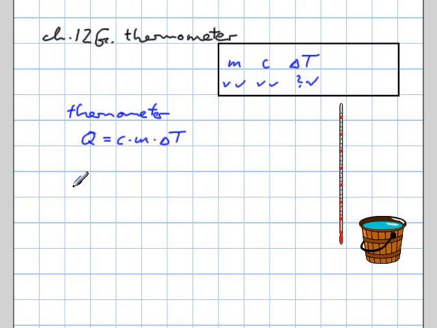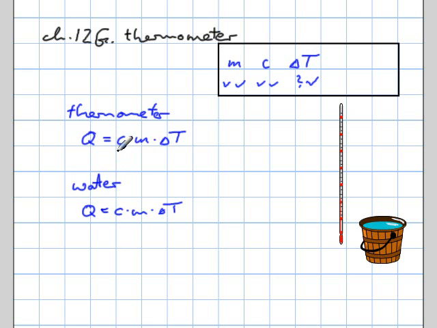Then for the water, it's the same kind of equation, Q equals C times M times delta T. So there's the C for the water. And then we realize that the water being at a higher temperature than the thermometer, the amount of heat that flows out of the water and the amount of heat that flows into the thermometer are equal.